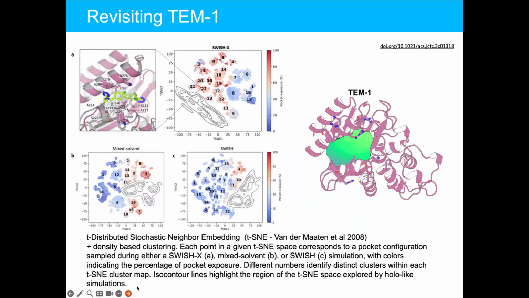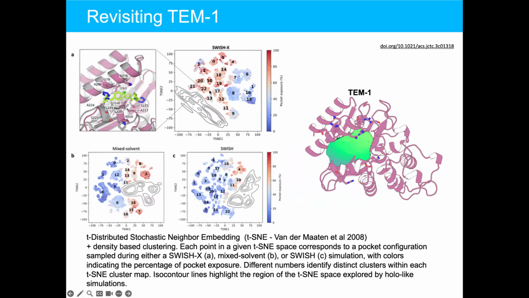Now, if we look at the clusters with this t-SNE analysis and density clustering, the more red clusters are the ones where the pocket is more exposed. The contour plot is the one obtained from the holo-like structure that is slowly collapsing.